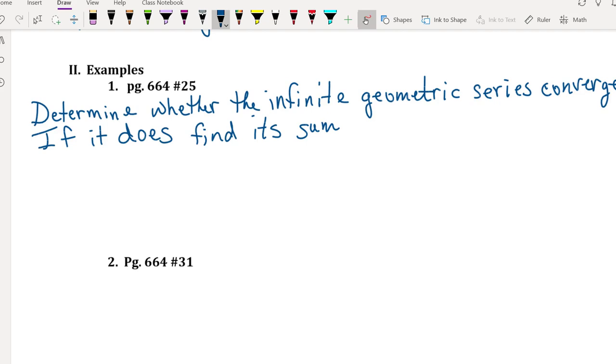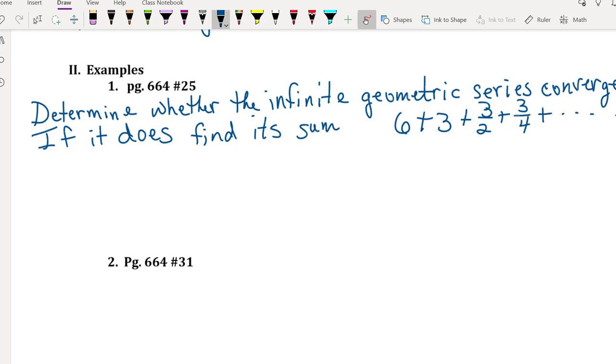So here is the series. We have 6 plus 3 plus 3/2 plus 3/4 is what we're given, and then, of course, it continues like that.